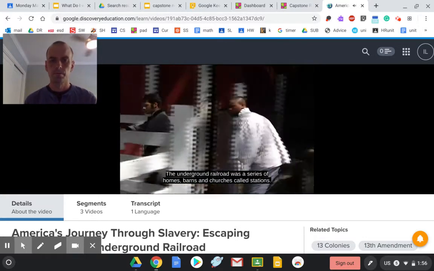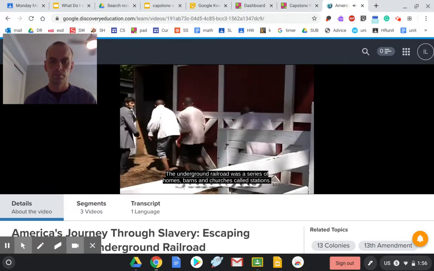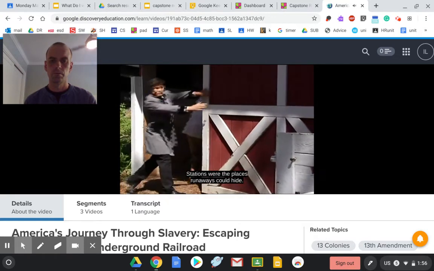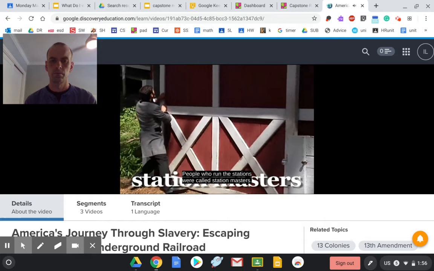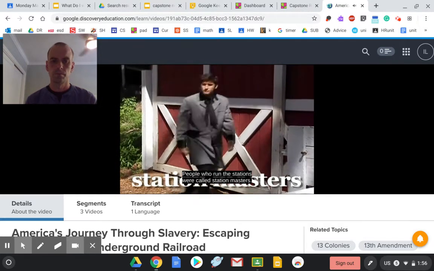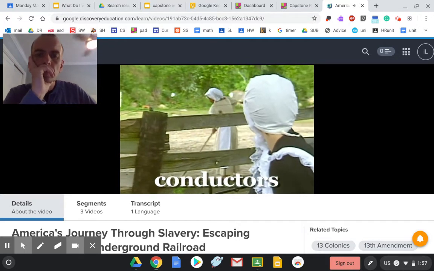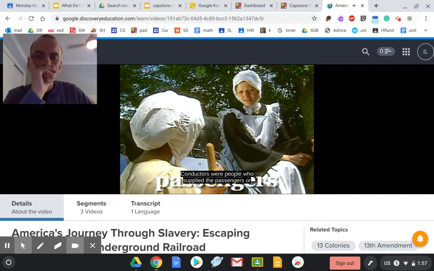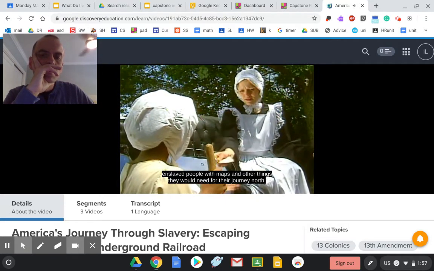The Underground Railroad was a series of homes, barns, and churches called stations. Stations were the places runaways could hide. People who ran the stations were called station masters. Some people were called conductors. Conductors were people who supplied the passengers or enslaved people with maps and other things they would need for their journey north.